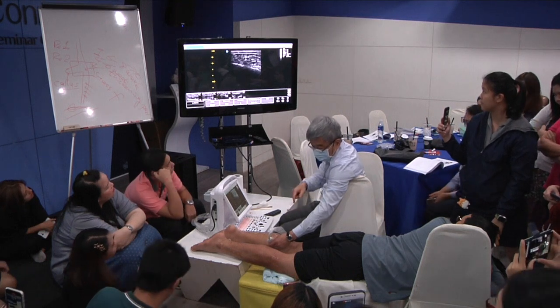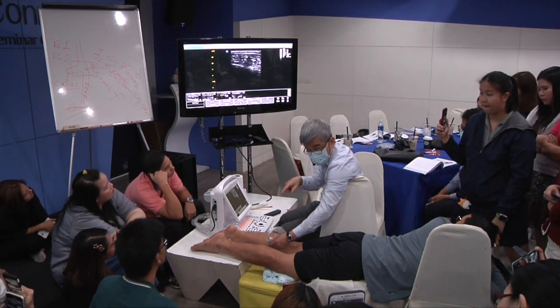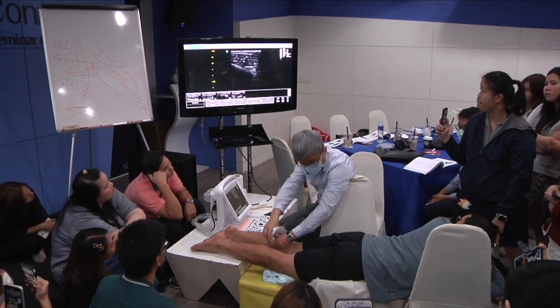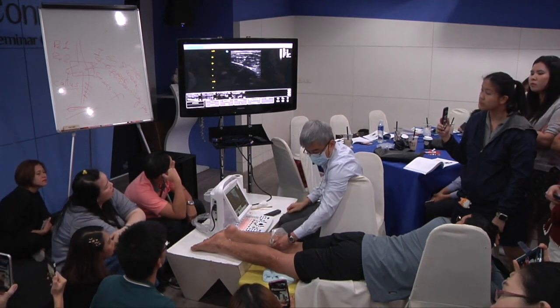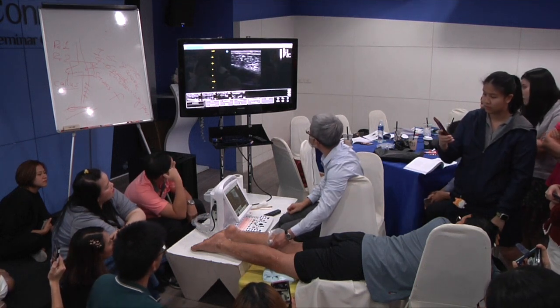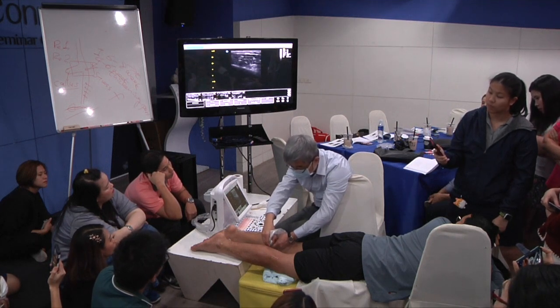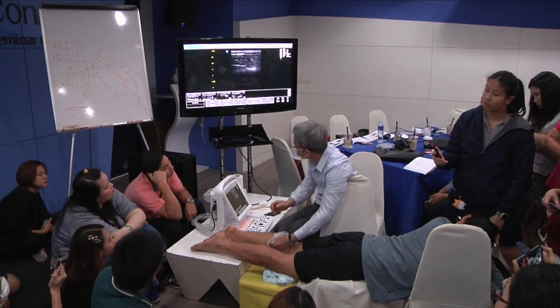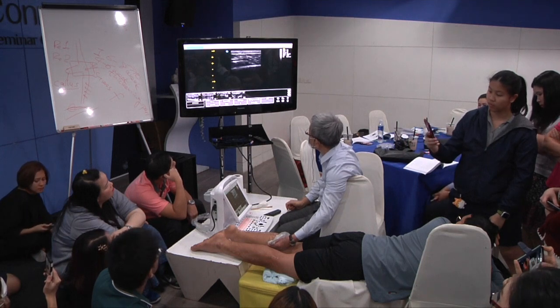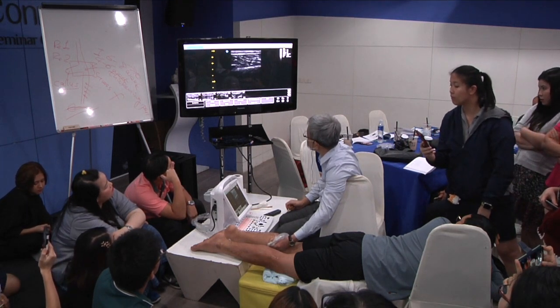Because the alignment of the medial gastrocnemius is oblique, right? So I cannot use the horizontal way to hold my probe. It should be rotated, with a pronation angle.